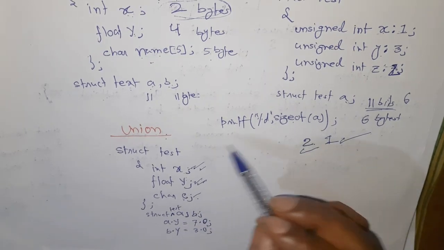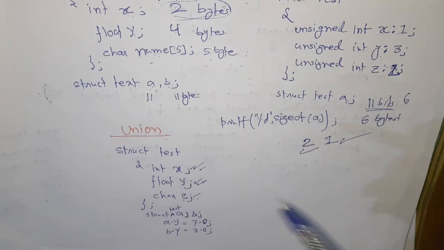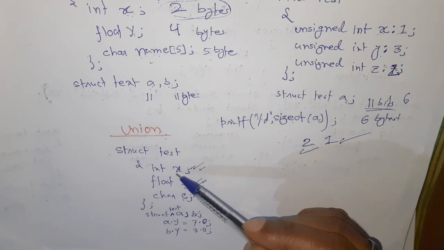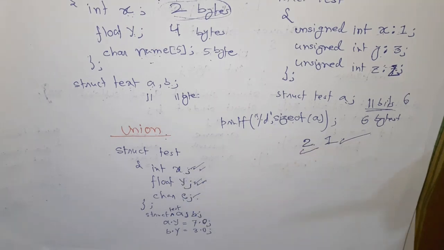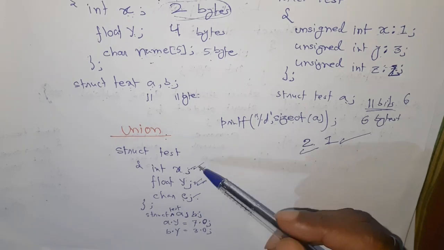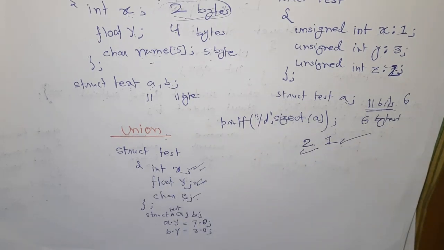So whenever we face situations in a structure where we have defined many heterogeneous variables, and all the variables do not need to be accessed at the same time, we can use the union. So what does a union basically do?